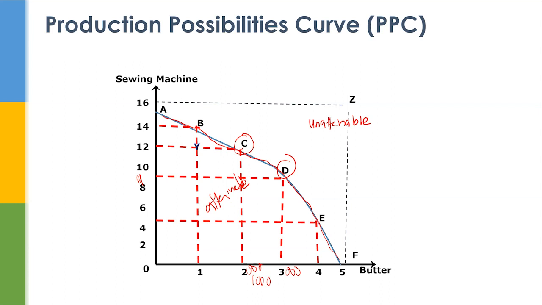Maksudnya dia mampu kalau dia nak produce 12K of sewing machine and 1,000 kilogram of butter. However, it is a waste of resources and inefficient due to all the factors of production has not been reached its maximum level. Okay, maksudnya dia tak pakai all the resources yang dia ada because dia merendahkan lagi dia punya output. Jadi rugilah.